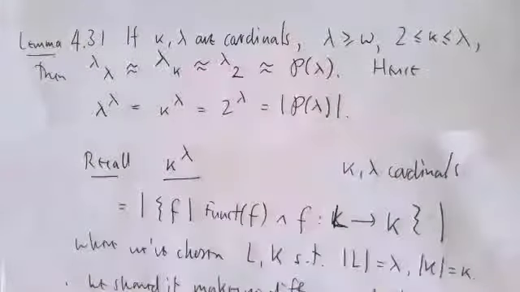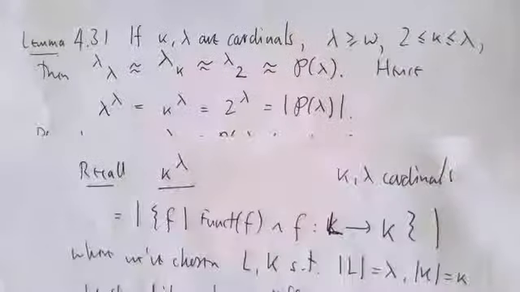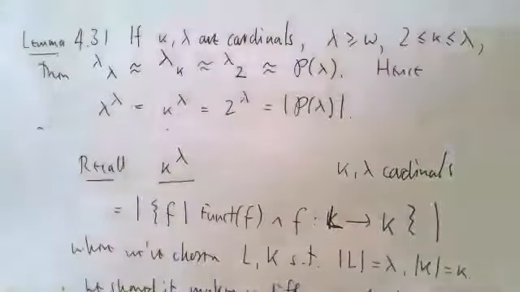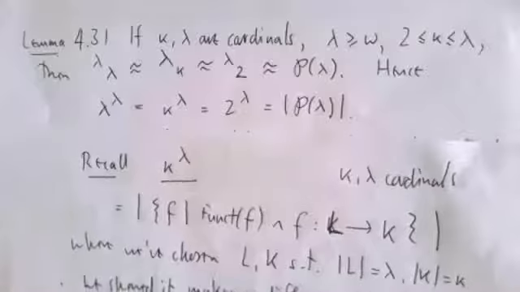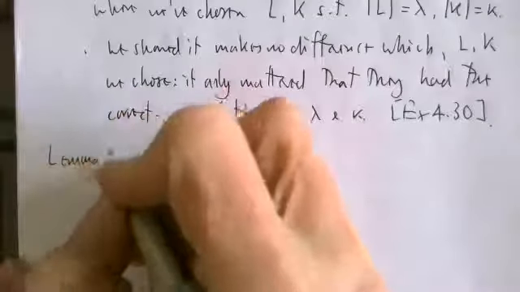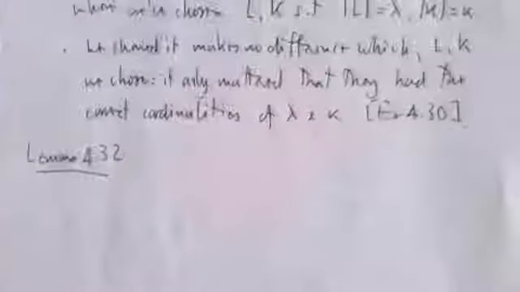And we're just about to do another lemma that says further things that we can say. So this will be lemma 432, which is over the page. So this will be some basic rules of cardinal arithmetic.